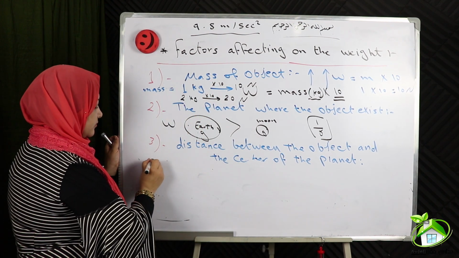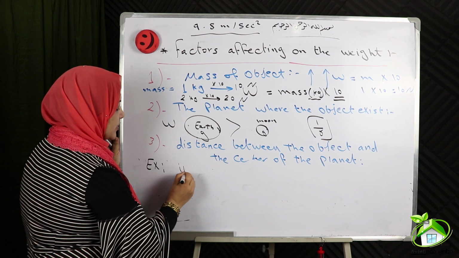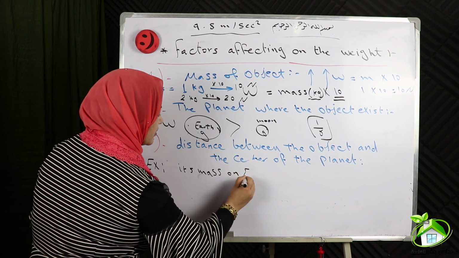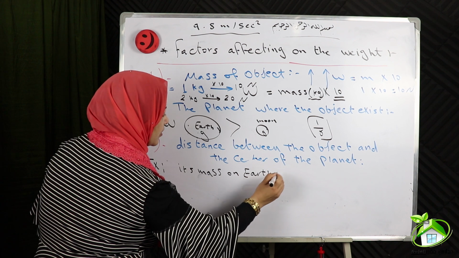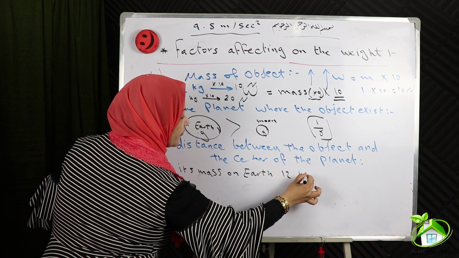An object, for example, an object, its mass on earth equal 12 kilogram.